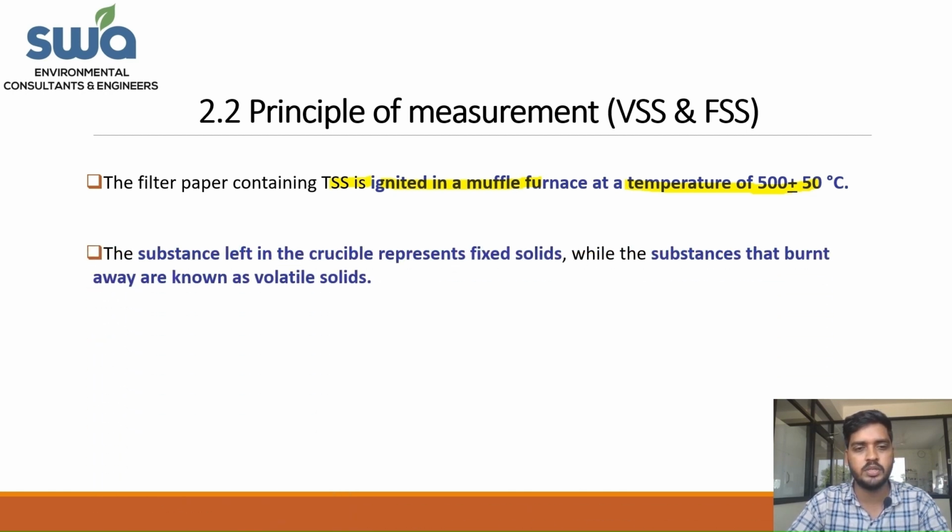Whatever substance is left in the crucible represents the fixed solids, while the substance that burned away and was lost is known as the volatile suspended solids. So we can calculate the amount of remaining substances. We can subtract the fixed solids from the suspended solids, and we can know the amount of volatile solids. So this was the basic principle of VSS and FSS.